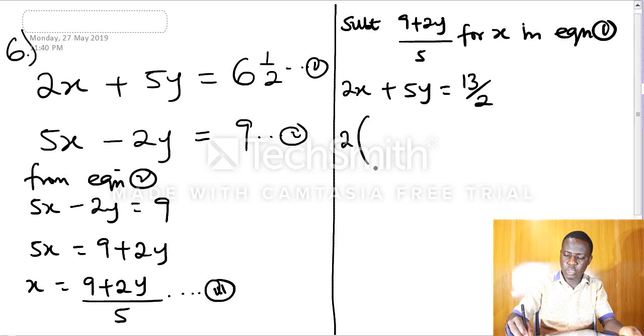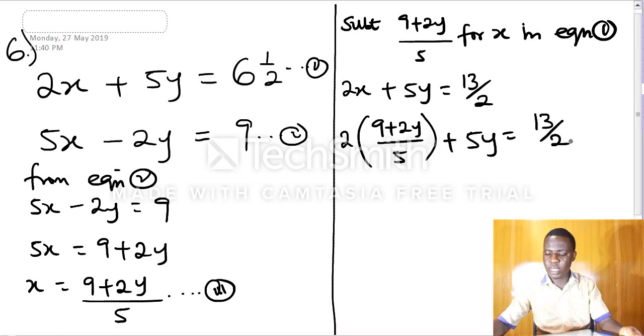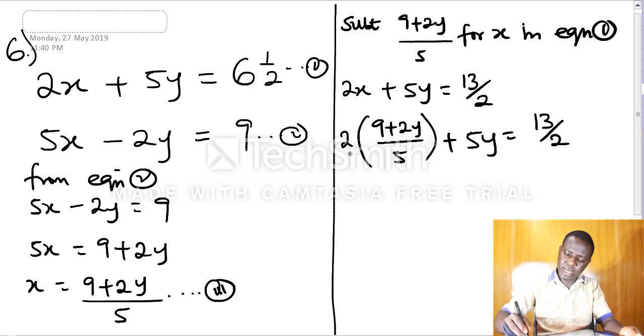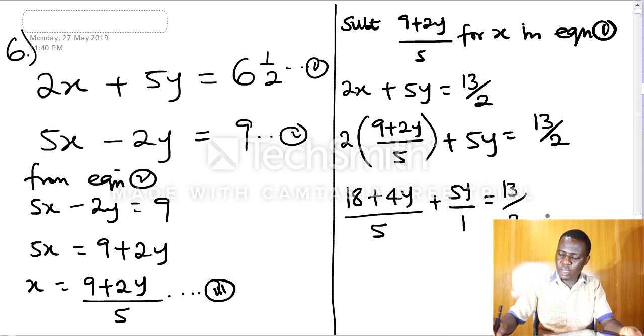This becomes 2 into bracket 9 plus 2y divided by 5 plus 5y is equal to 13 over 2. And simplifying this gives us 2 times 9 is 18 plus 2 times 2y is 4y divided by 5 plus 5y over 1 is equal to 13 over 2.